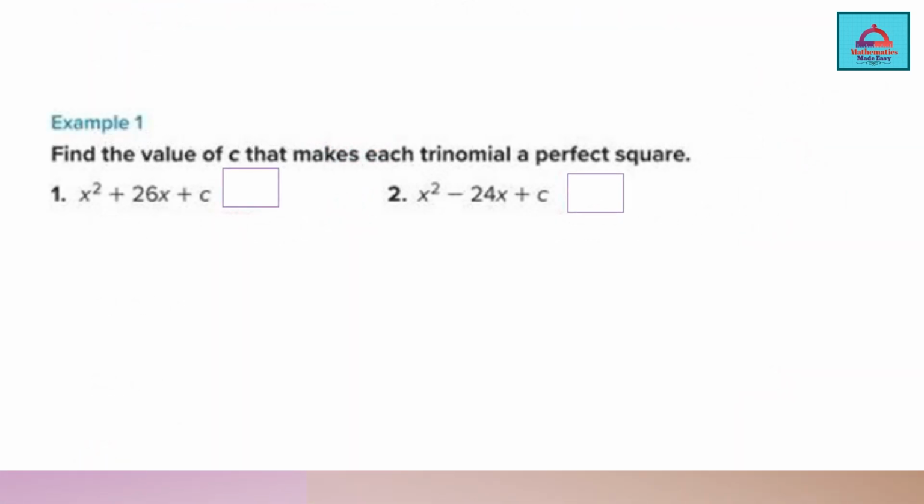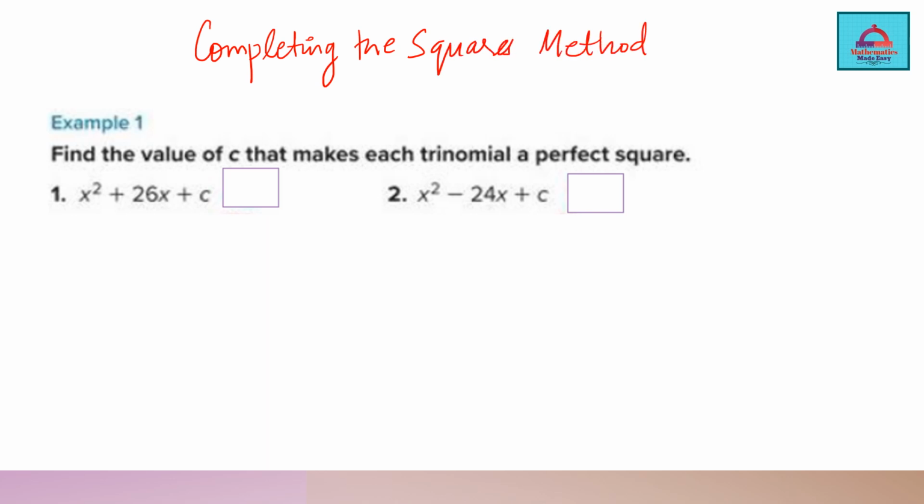Let's recall the completing the squares method. That is the method we will be using for doing these two questions and further questions. So completing the squares method, let's understand. There are 3 steps in this method: step 1, step 2 and step 3.